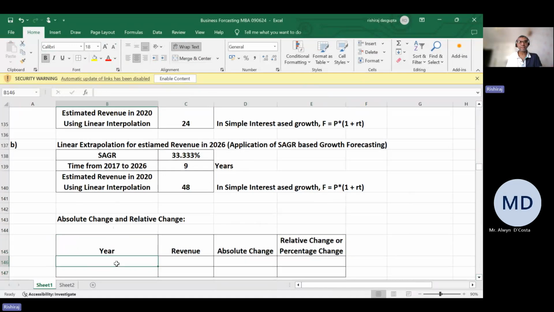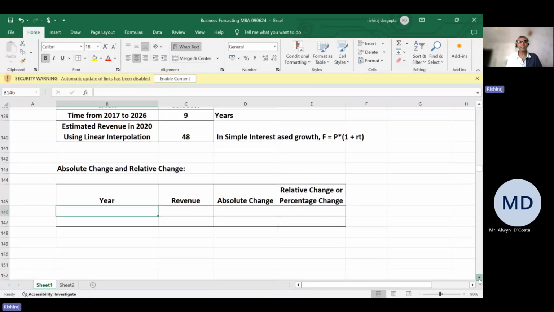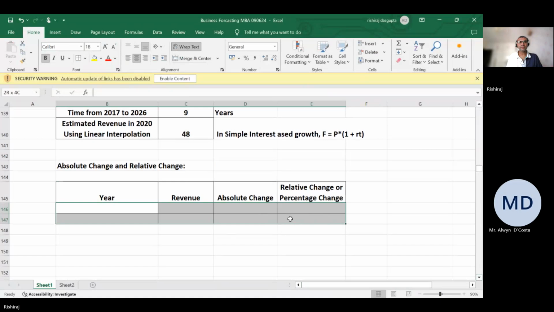So I'm calculating the same as year on year growth that we have learned, but we can also now look at relative change or percentage change. For example, we had this data.